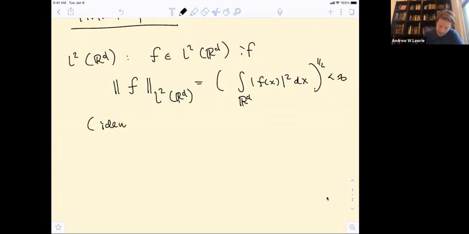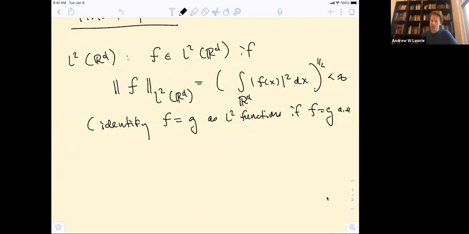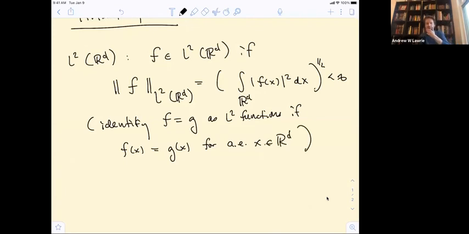And as always, we identify f equals g as L2 functions if f of x equals g of x for almost every x. So two functions are the same in the sense of L2 if they're equal almost everywhere.